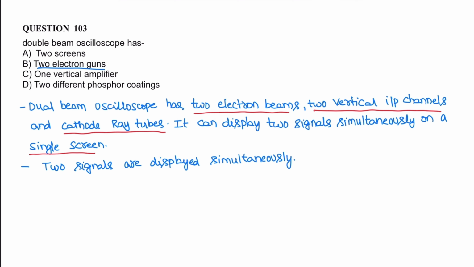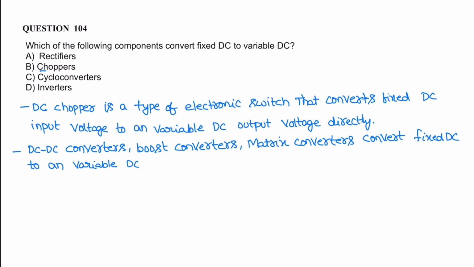Which of the following components convert fixed DC to variable DC? So the answer is chopper. A rectifier converts AC to DC signal, whereas a chopper is a type of electronic switch that converts fixed DC input voltage to variable DC output voltage directly.